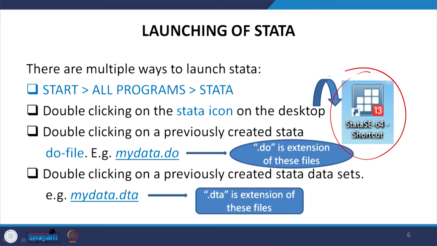Each data set is actually available with a .dta file. .dta file is the extension of a Stata file. Okay. Do file, we will clarify what you mean by do file. In a do file usually we save our commands or syntax, okay, and those can also be operated just by double clicking on that particular file. We will operate it for you and clarify it to you.